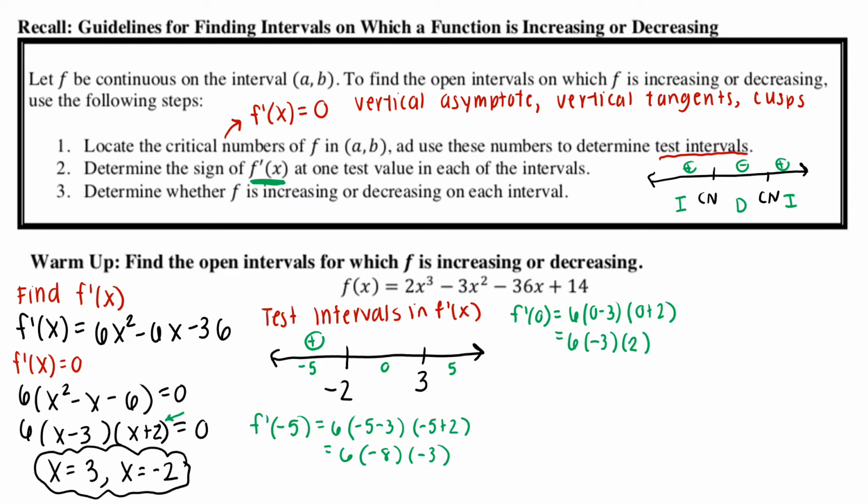A positive times a positive leaves us at a negative. And finally, f prime of positive 5 gives us 6 times 5 minus 3 times 5 plus 2, which is 6 times 2 times 7, positive, leaves us with a positive.